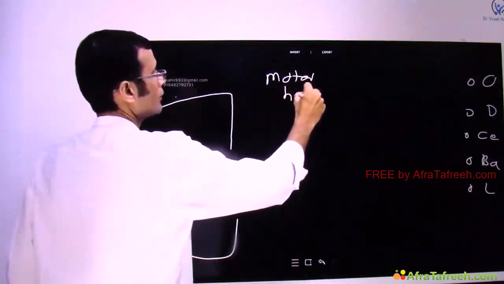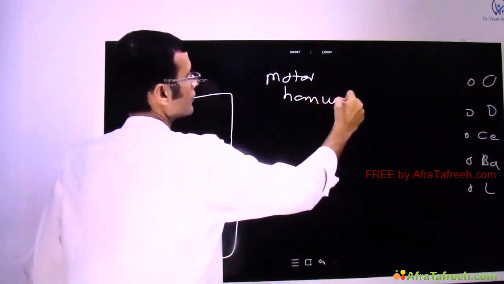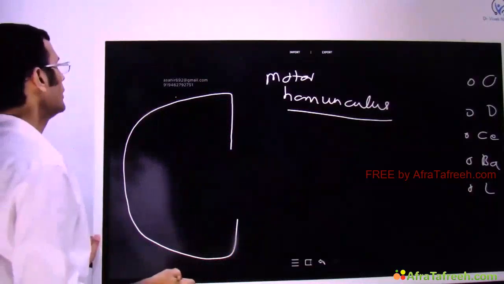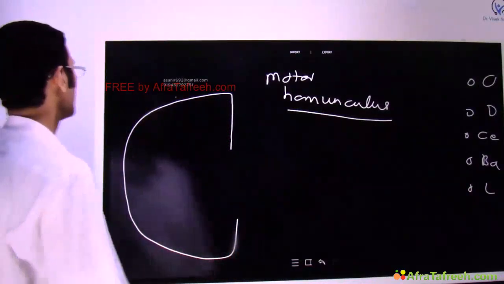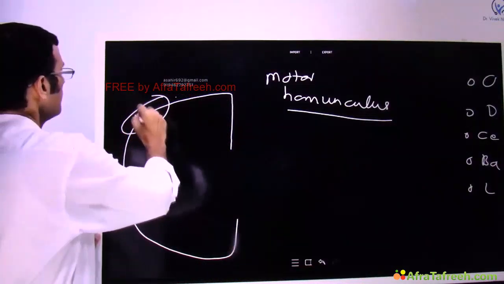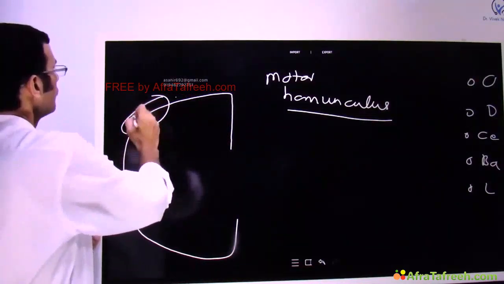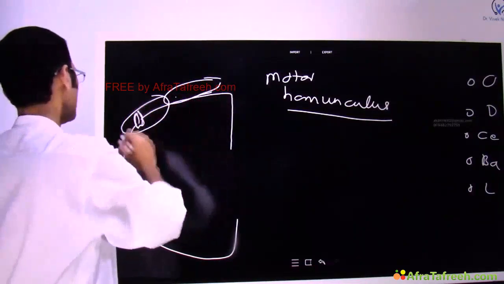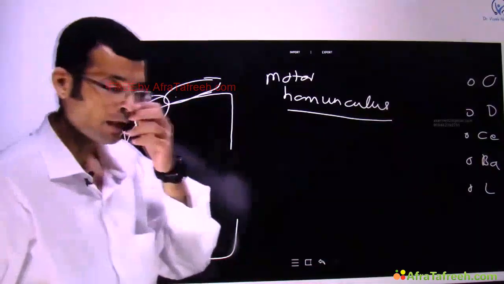Just as there was sensory homunculus, there is a motor homunculus, the map of body's muscles. So there is a face, there is thumb and other digits, and then other body parts.